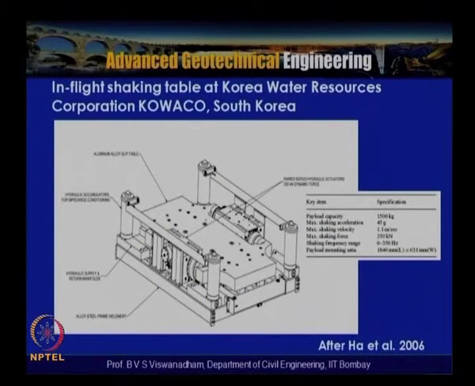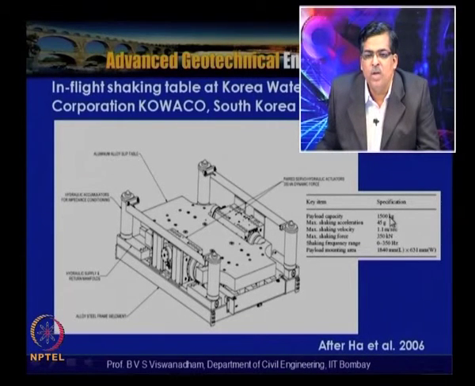This is the in-flight shaking table at Korea Water Resource Corporation, KOWACO, where it has a payload of 1.5 tons, about 15 kilonewton, maximum shaking acceleration of about 45 G, and shaking force of about 350 kilonewtons. So it is very high, and the shaking frequency range is 6 to 350 hertz. So it has a wide frequency band, and this is the type of shaking table used in Korea.